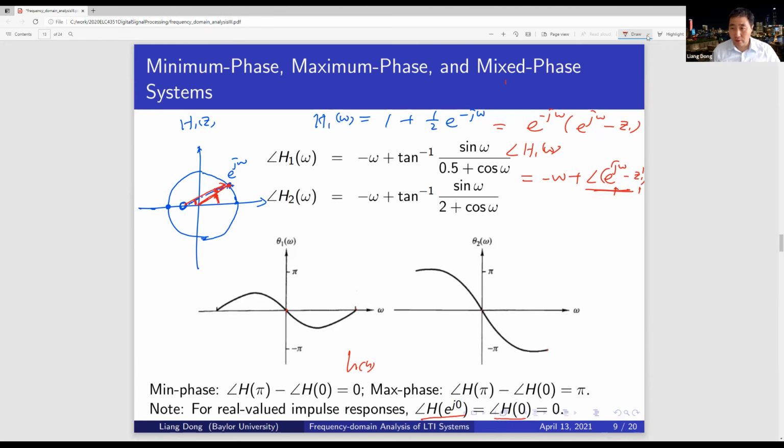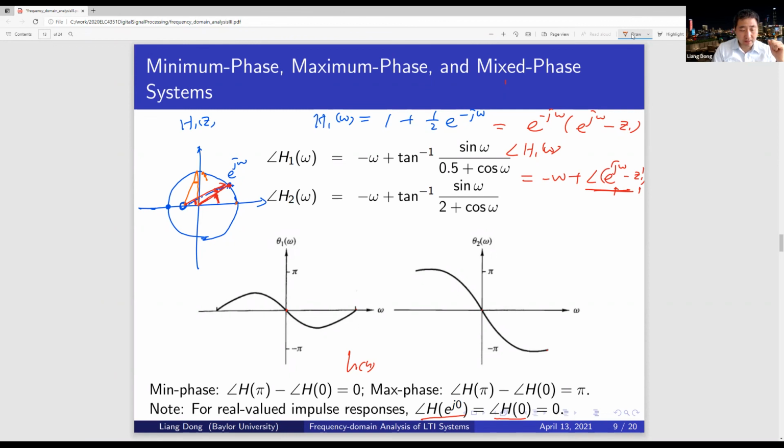It is when I travel on this circle and get to somewhere here in the middle, and it gives me a pointing here and to the origin. So this angle is the phase, well, actually we are putting a negative sign here, and that will be, in the absolute value sense, the largest.